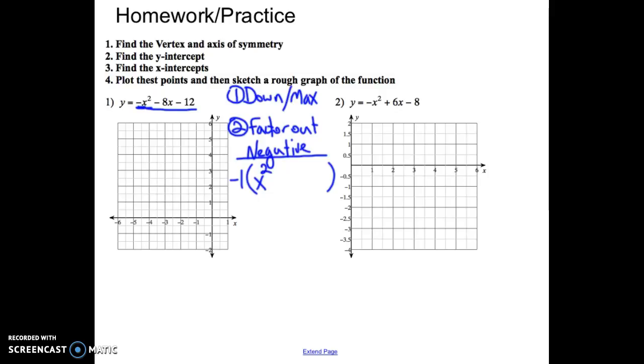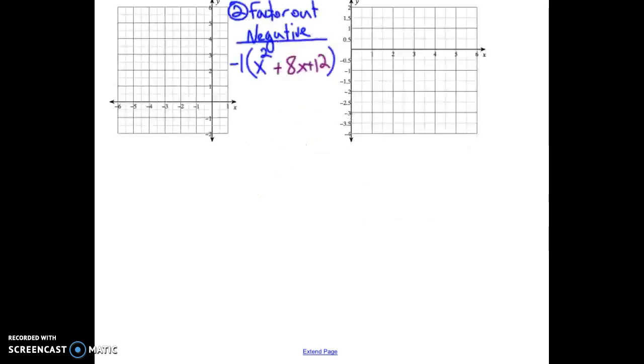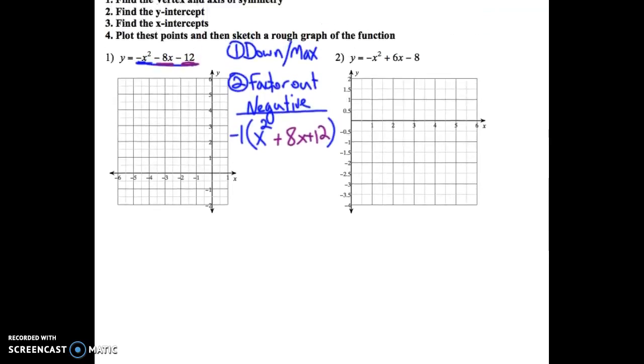This was a negative 8x, it becomes a positive 8x. And this was a negative 12, it becomes a positive 12. Because you divide everything by negative 1, so it switches the signs. Once I do that, now I can go ahead and start working to find the vertex and axis of symmetry.